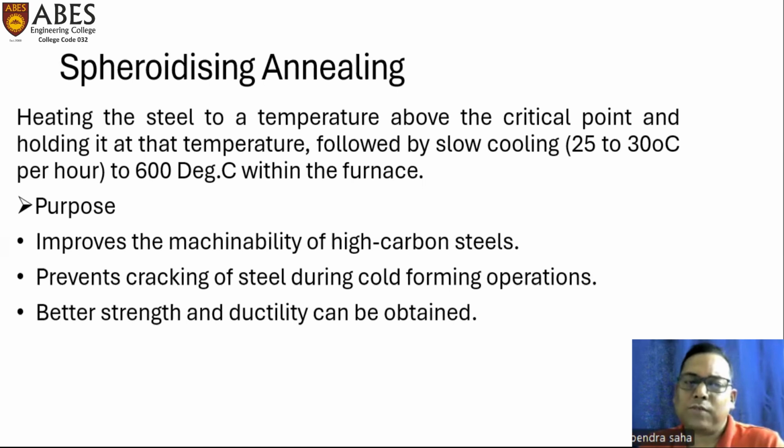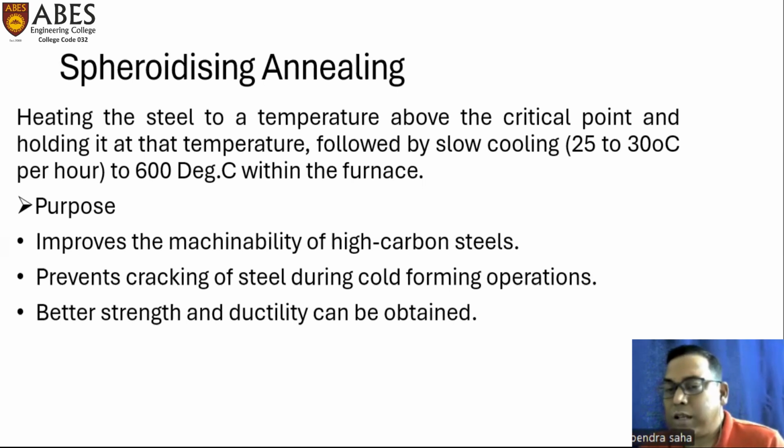In this process, the metal is not heated above the transformation temperature, it means below the transformation temperature. Obviously 723 degrees centigrade is the transformation temperature for steel. So below that, near about 600 degrees centigrade, it is heated, and then cooled very slowly.